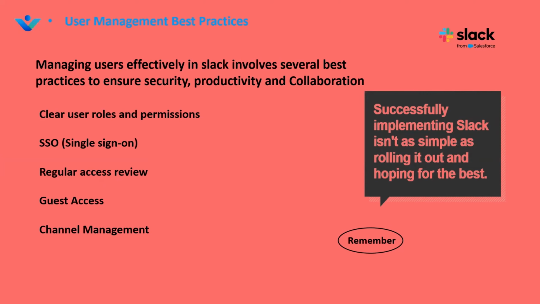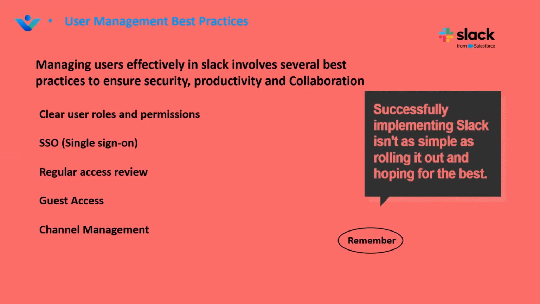Regular Slack access review: conduct regular access reviews to ensure that only authorized users have access to the Slack workspace. Remove inactive users promptly to mitigate security risk. Request access: if necessary, enable request access for external collaboration while ensuring proper controls are in place to manage their access to sensitive information.